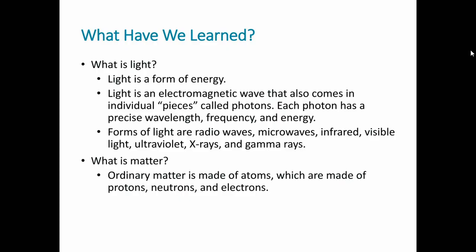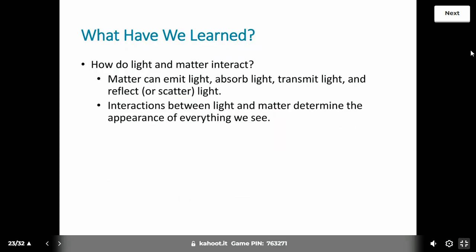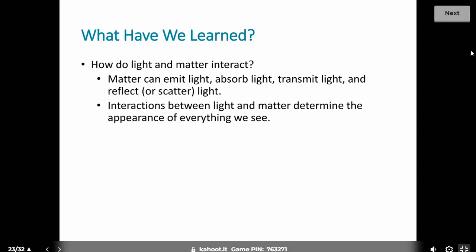All of these things are light: radio waves, microwaves, infrared, visible, ultraviolet, X-rays, and gamma rays, but they have different wavelengths, and they will behave differently depending on what they're interacting with. And matter is made out of atoms, which are made out of protons, neutrons, and electrons. And light and matter interact in several different ways.